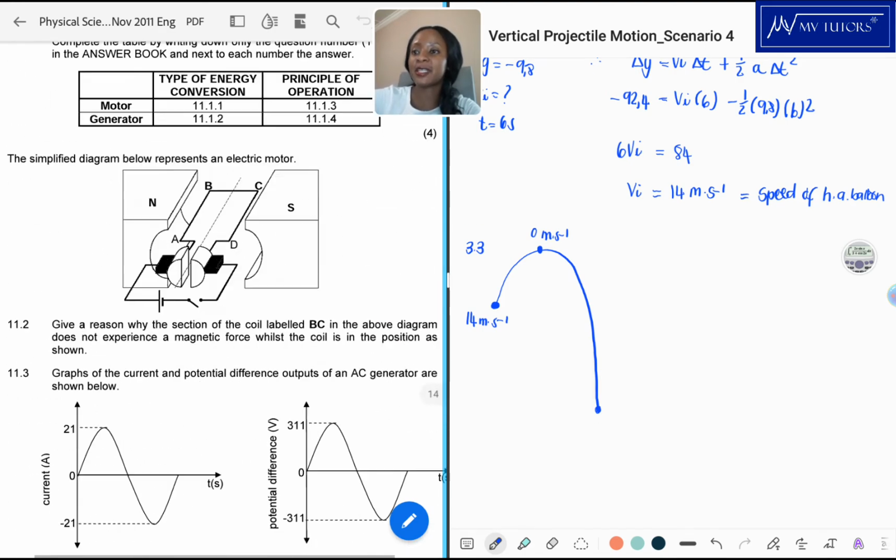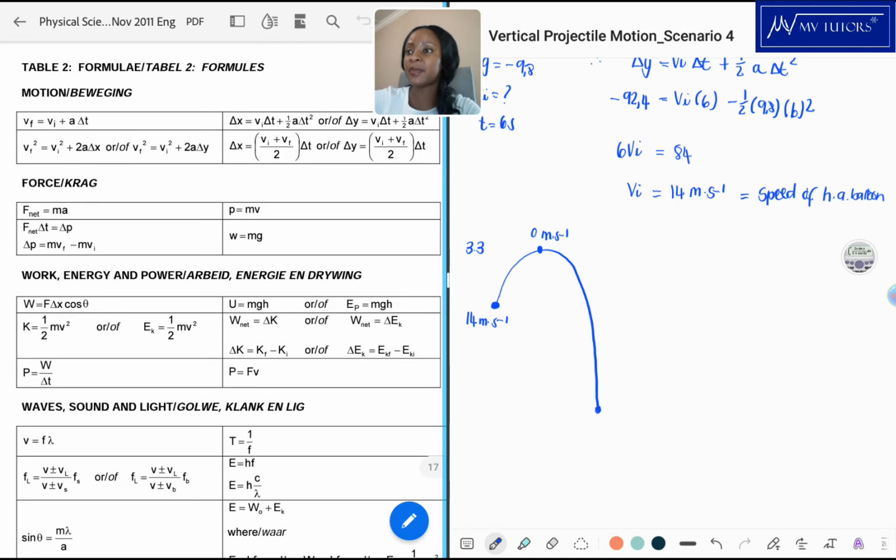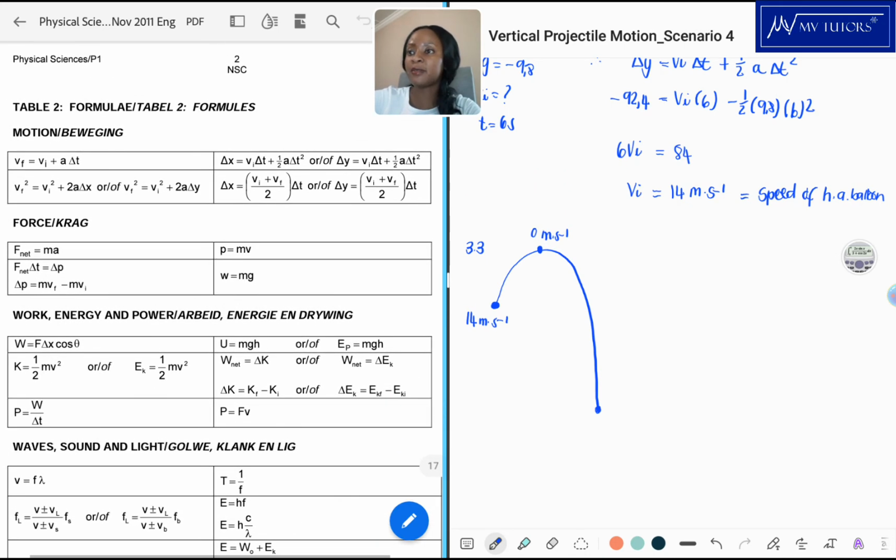Out of interest, let us just do it since this question is going by quite quickly. So if I want to get my final velocity, I would say my final velocity is equal to my initial velocity plus a delta t. My initial velocity is going up, so this will be a negative 14. Okay, and then my gravity is going down, so it will be negative.